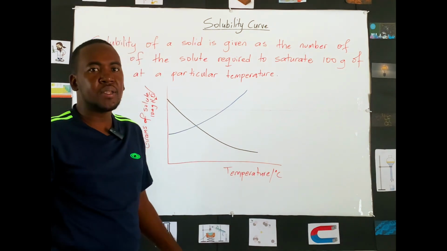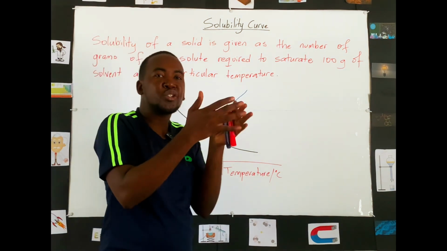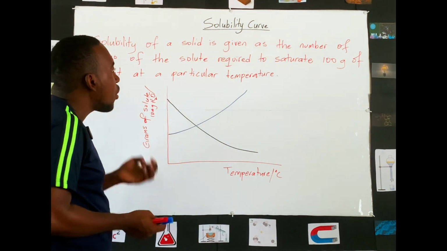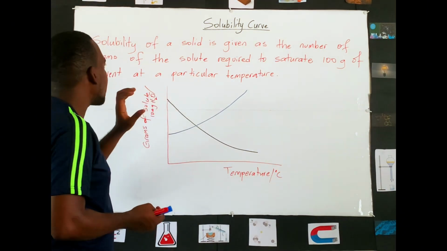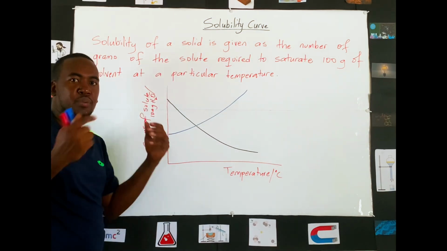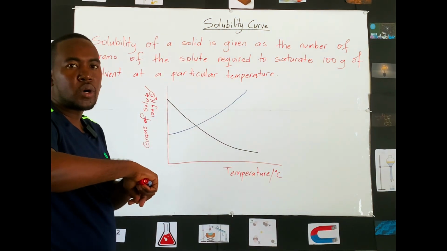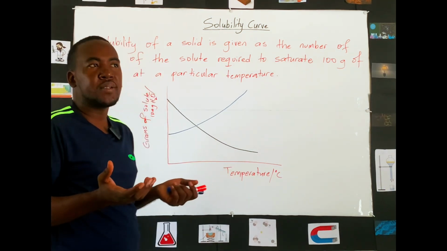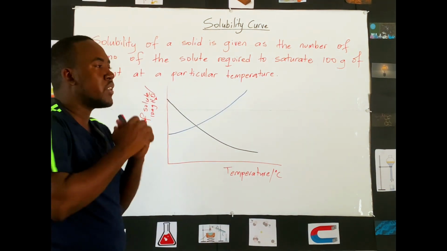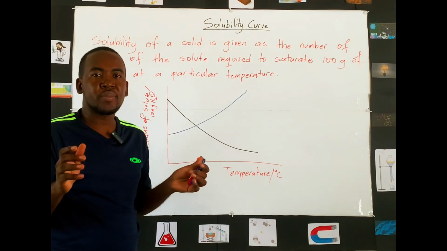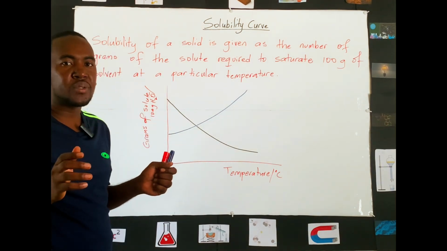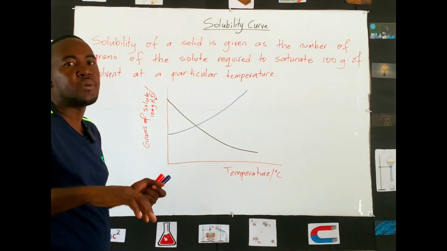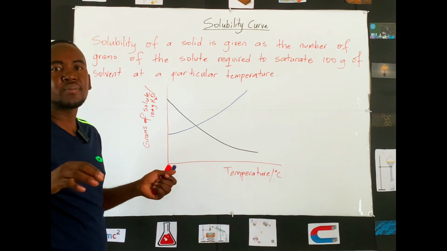In essence, if we have 100 grams of a solvent, let's say water, it's how many grams of the solute we need to put into that water to make it a saturated solution. Saturated means it cannot hold any more of the solute. If you put more solute in, it starts to settle at the bottom, so it's no longer a solution, right?